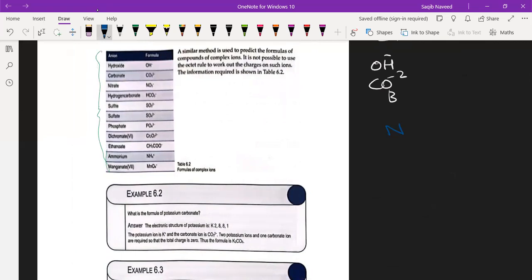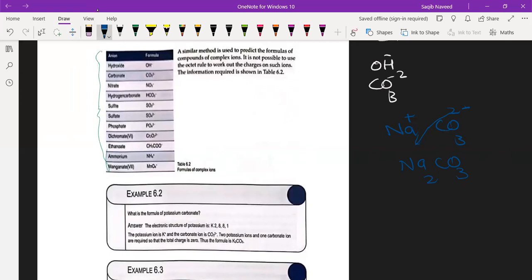It would be Na+ and carbonate is CO3 2-. Na3? No, the numbers will be cross multiplied. It would be Na2CO3, right?